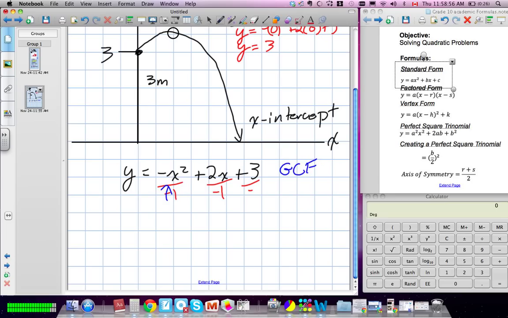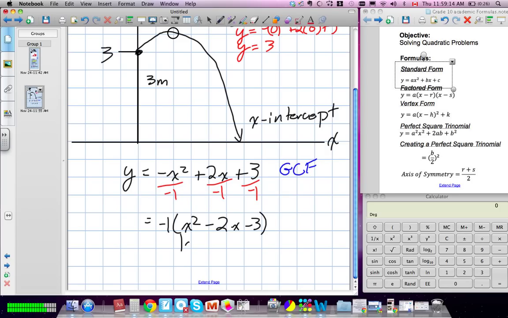That's going to leave me -1 on the outside, x squared minus 2x minus 3. Now I'm going to use factoring by product. So we're going to find the factors of the first term and the factors of the last term. Factors of x squared are 1x and 1x, and factors of 3 are 1 and 3.